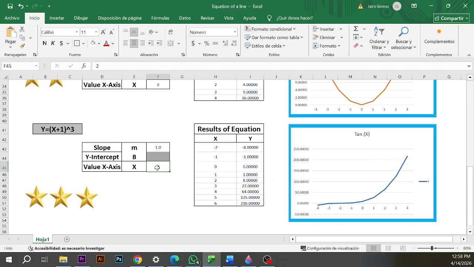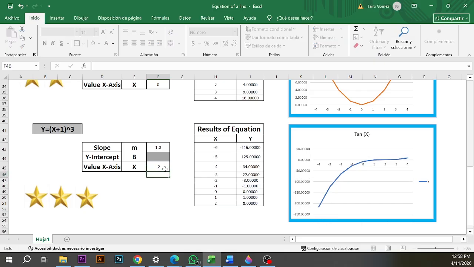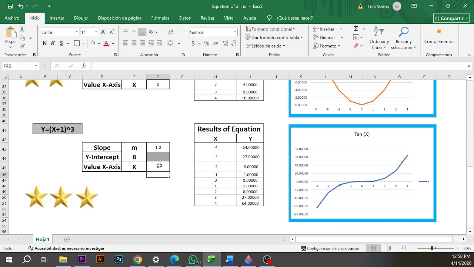Same thing when we go negative. It almost doubles in negativity, because before it was negative 60 and now it's negative 120. And same thing when we keep on going more negative. It almost triples in the negativity. And this just goes to show that this is something to expect from equations.